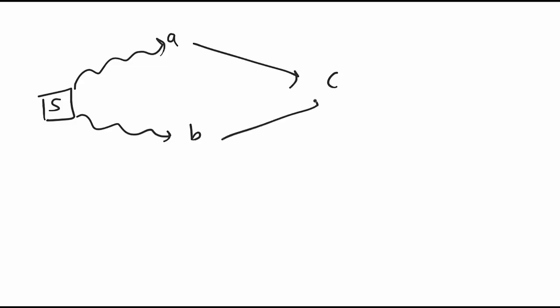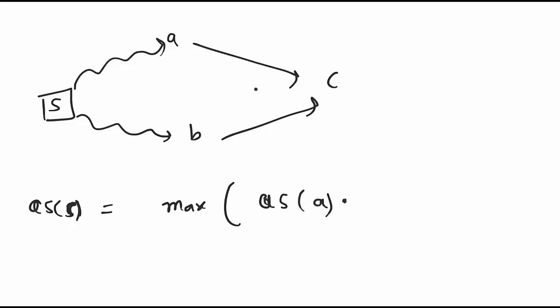So what I mean to say is, if this is S, this is A, this is B, this is C, and we have found out the quality score of A and B, and then we need to find out the quality score of C. Then the quality score of C is nothing but the maximum of quality score of A into the edge width, which is AC, let me call it M, comma, quality score of B into N. So this is what I wanted to point out.